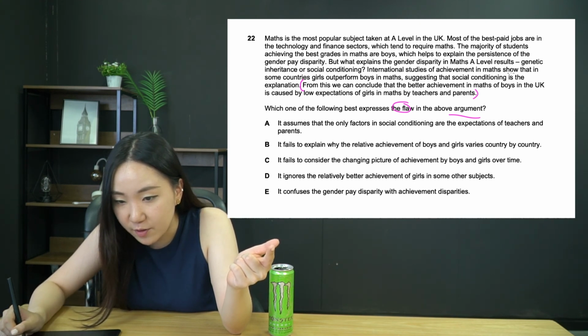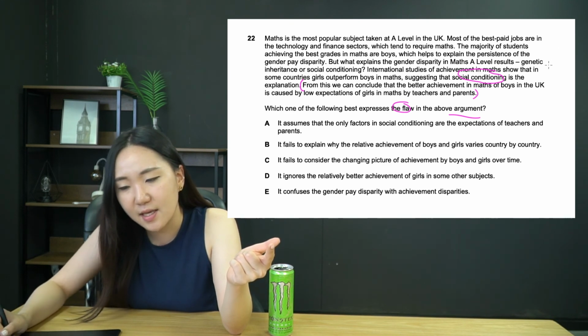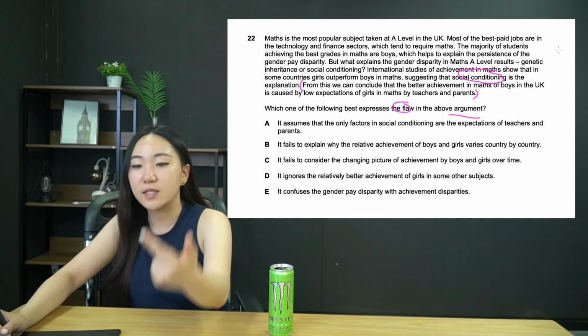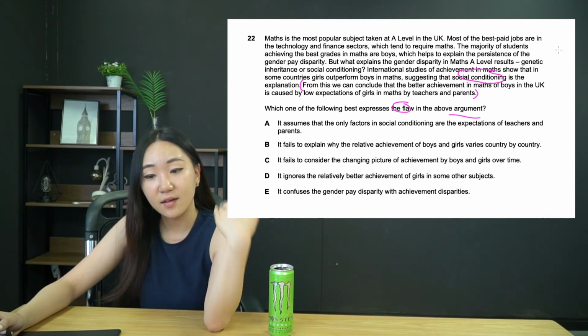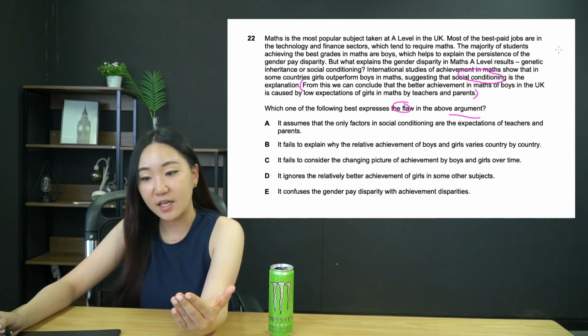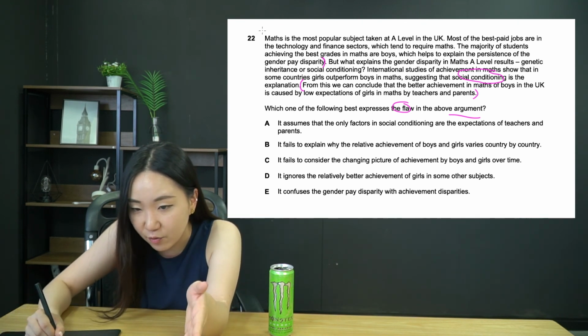international studies of achievement in maths show that in some countries girls outperform boys in maths, suggesting that social conditioning is the explanation. So we're basically saying social conditioning causes girls to do better, but usually the low expectations mean we do worse. All of that stuff before is not actually that important.